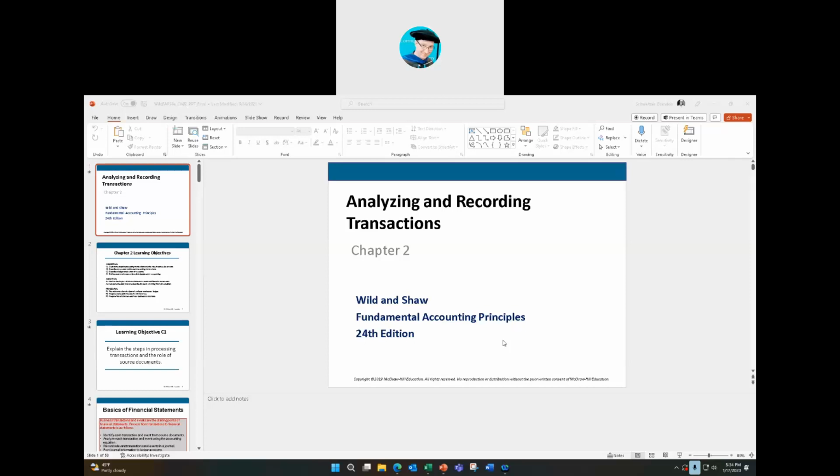That's what accounting is at its most fundamental level. This week we're going to talk about those transactions and how they're structured based off of the accounting equation that you learned about last week.